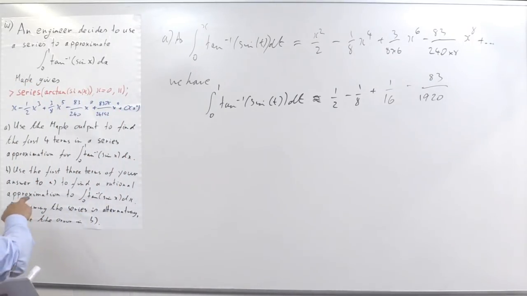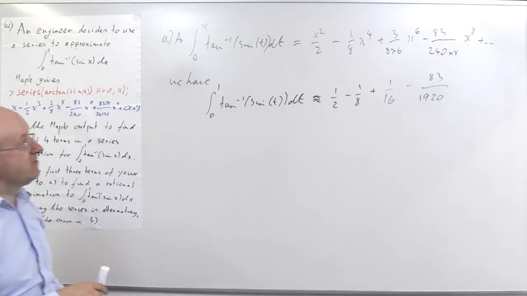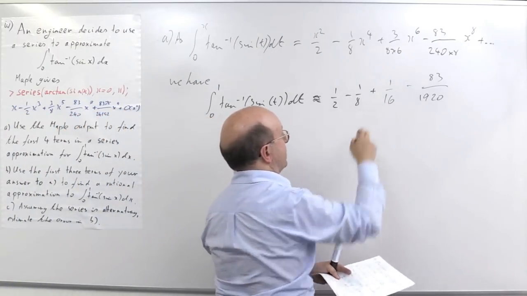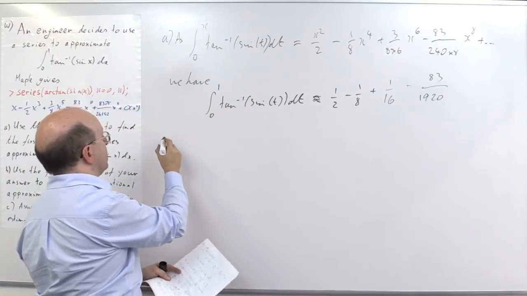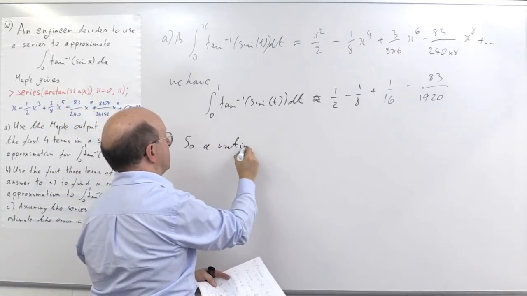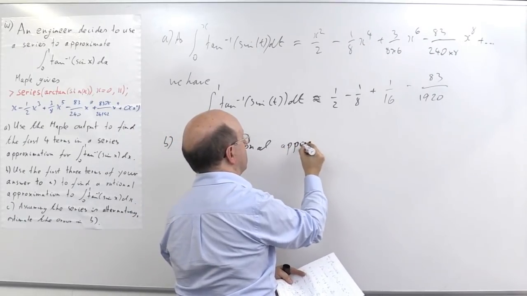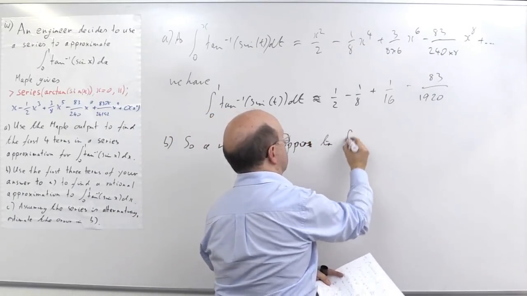Now, part B says use the first 3 terms of your answer to A to find a rational approximation to this particular number. So the first 3 terms will be just a half minus an eighth plus a 16th. So a rational approximation to this integral.